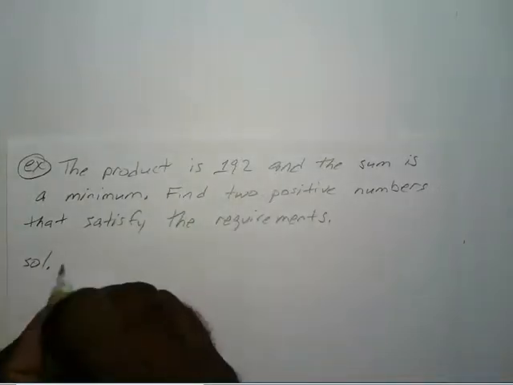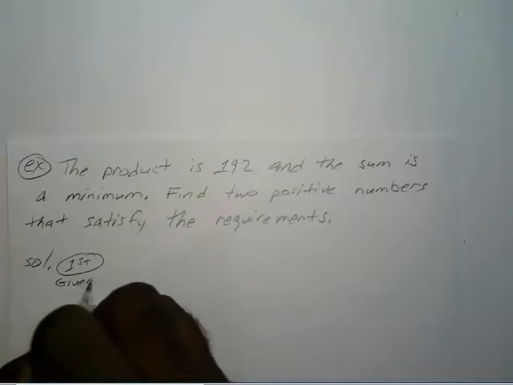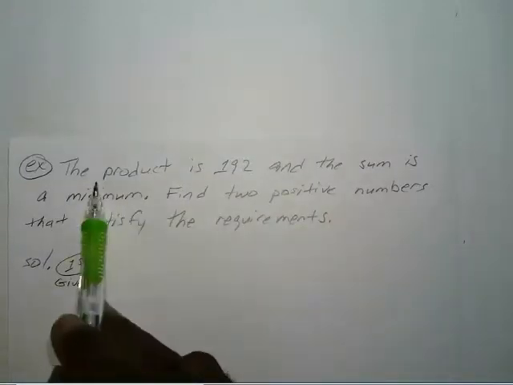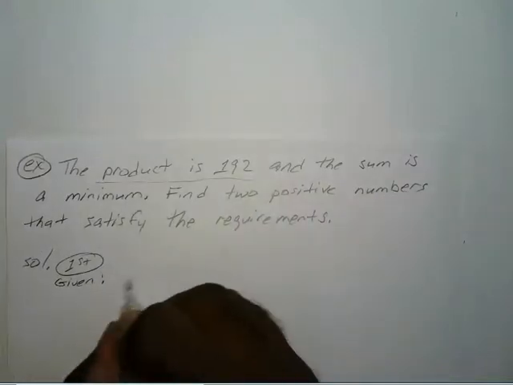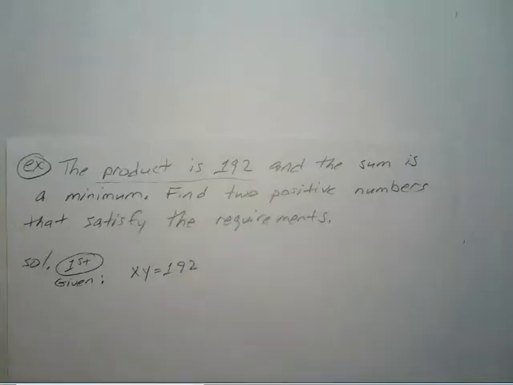Our first step, we find out what's given. We know the product of two numbers is 192, so we'll say x times y equals 192.